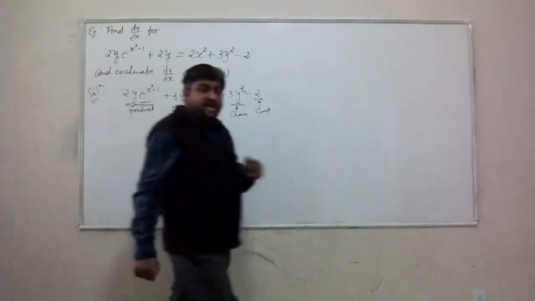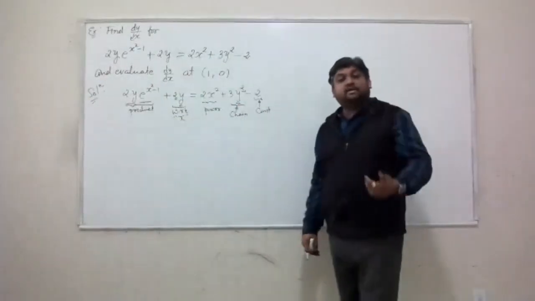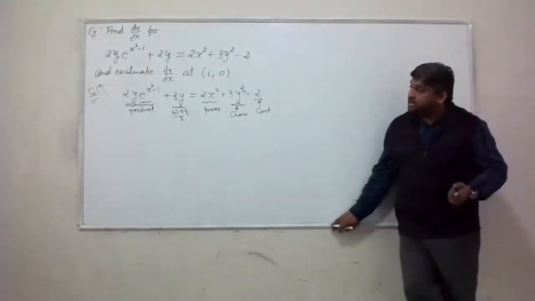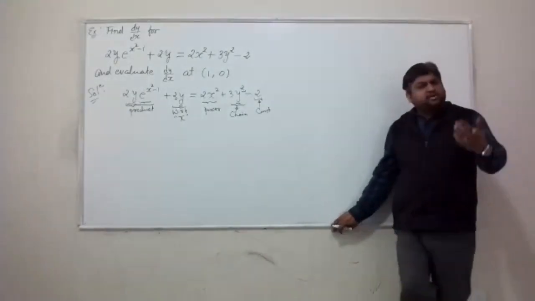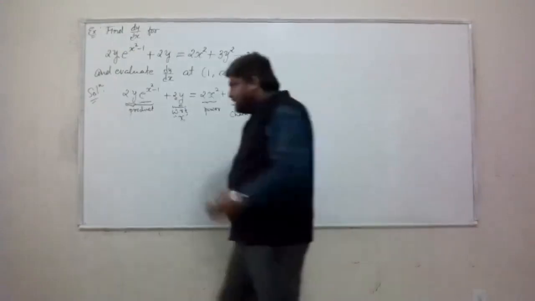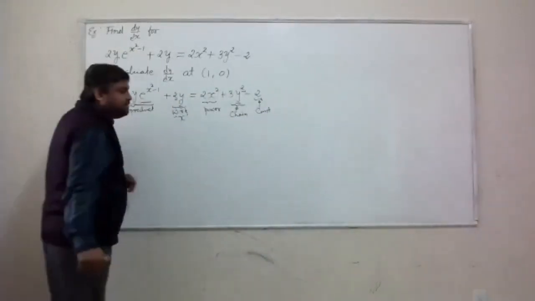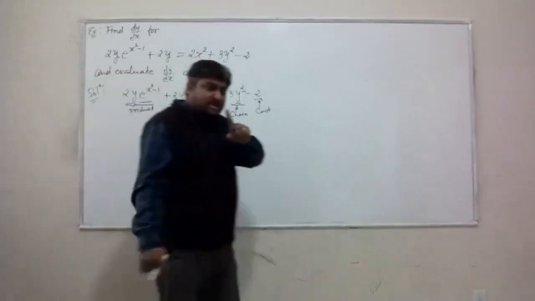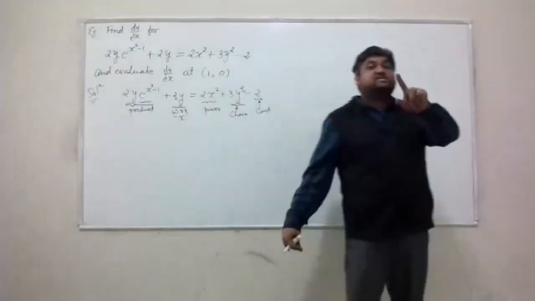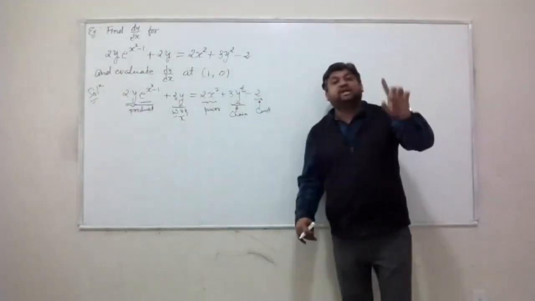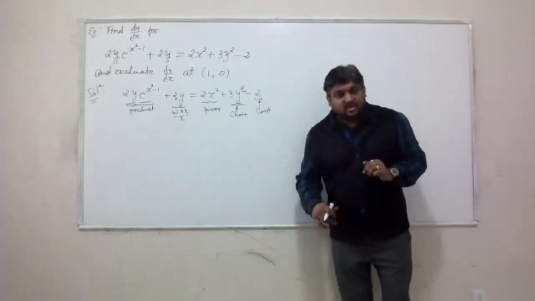All right, we have decided what rules we are going to use to differentiate every single term here. Let's go ahead and use that. Again, pretty simple idea. We are going to treat y as a function of x. If you remember, starting from this section, we started using the notation dy by dx.